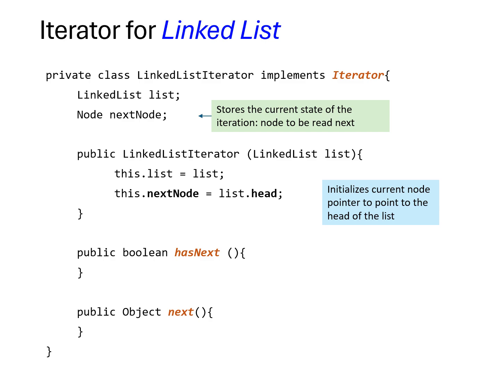The state of iteration is stored in a different variable of type Node. When we initialize our iterator, we set the next node to point to the head of the list.